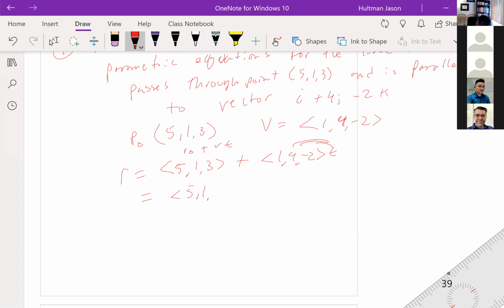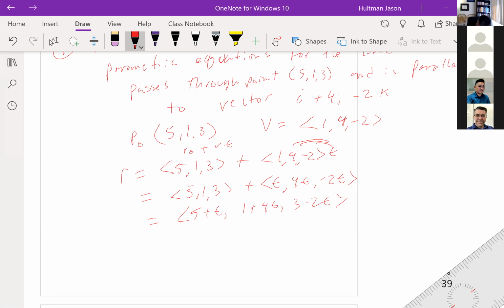So this is (5, 1, 3) plus (t, 4t, negative 2t), which is equal to (5 plus t, 1 plus 4t, 3 minus 2t).